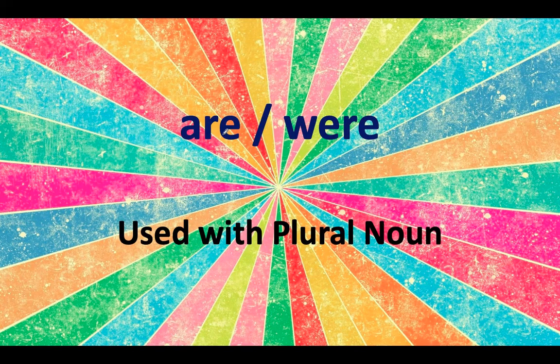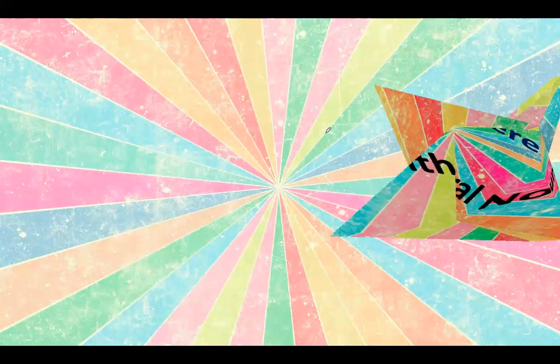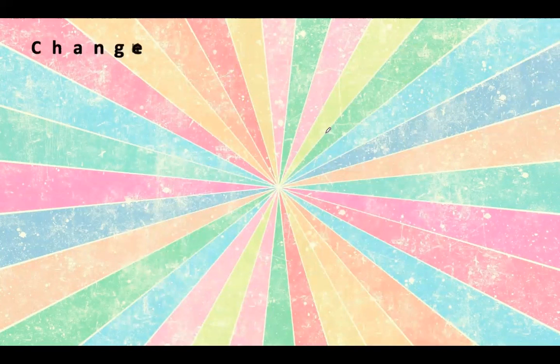They are going. They were playing. We are shopping. They were dancing. Okay, with the plural we use are or were, and with the singular we use is or was.